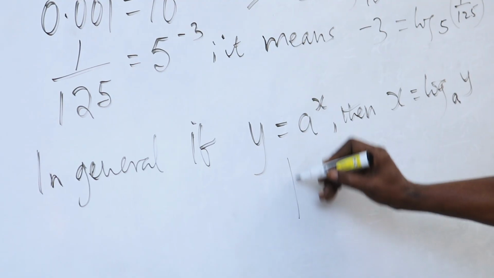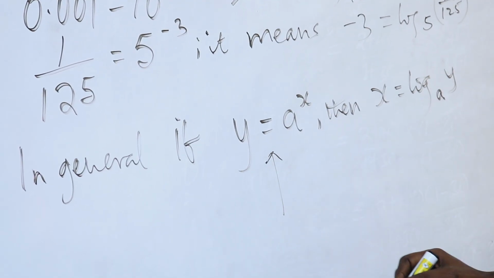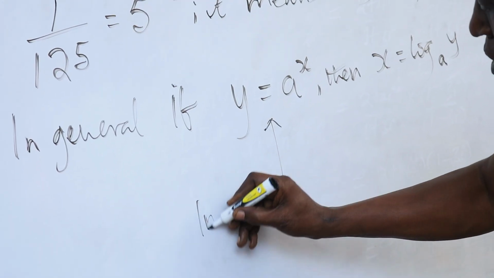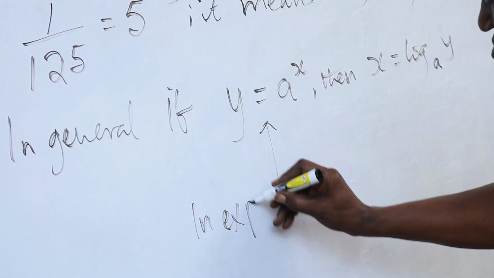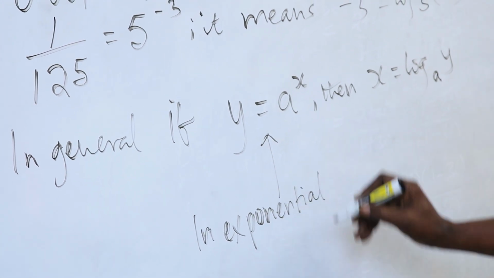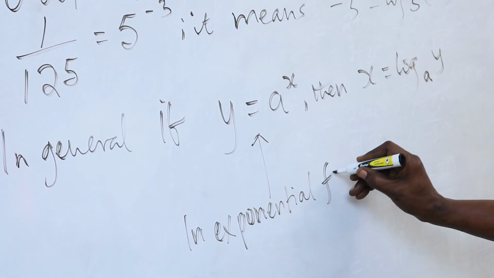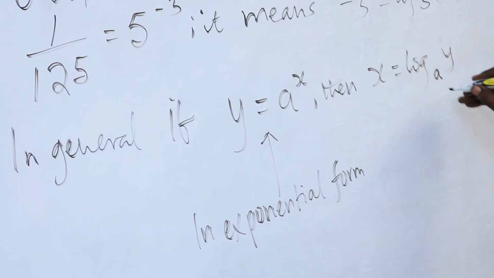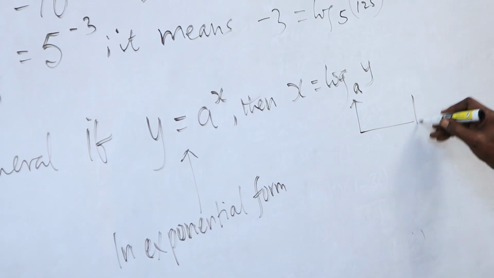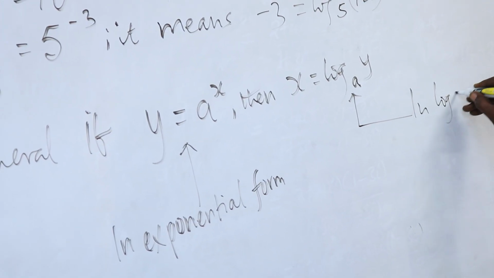This equation here is an equation in exponential form. This one here is an equation in logarithmic form.